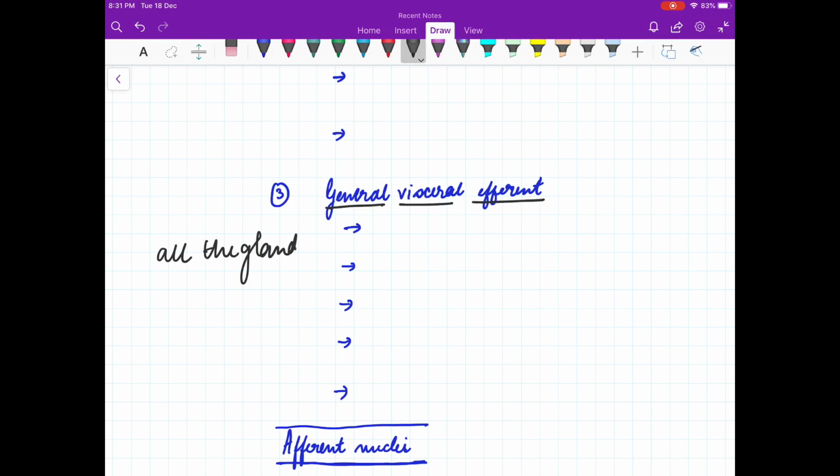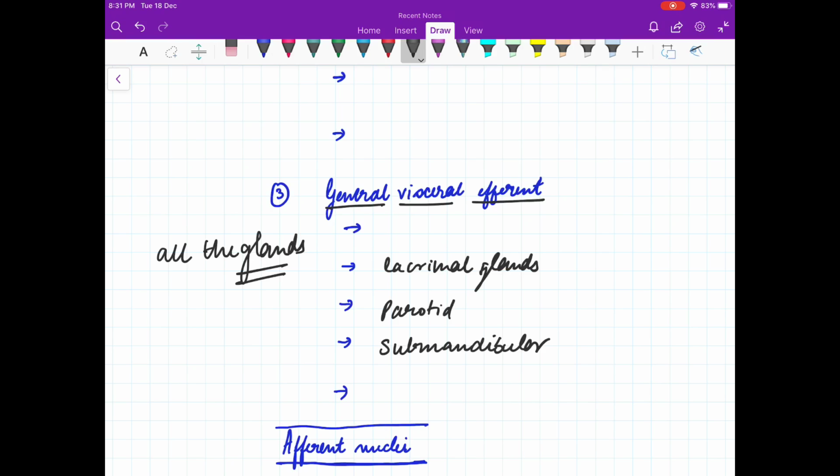So the glands which we know are lacrimal glands, then parotid gland, submandibular and sublingual gland, and glands of the abdominal viscera.